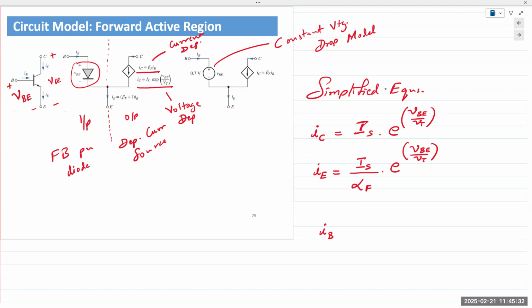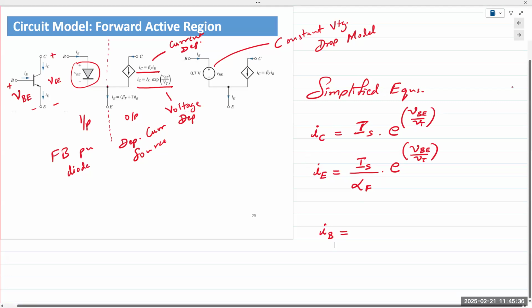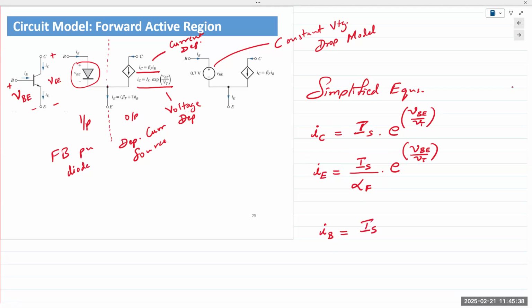Then we have IB. Since we already have IS, all we need to do is divide by beta. These are the simplified equations.